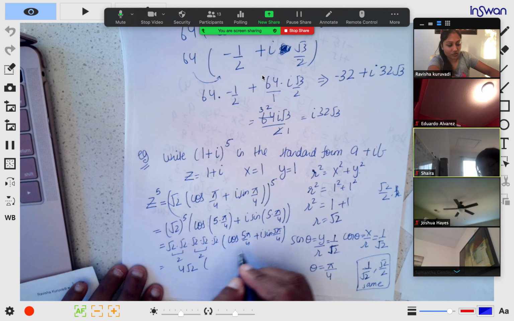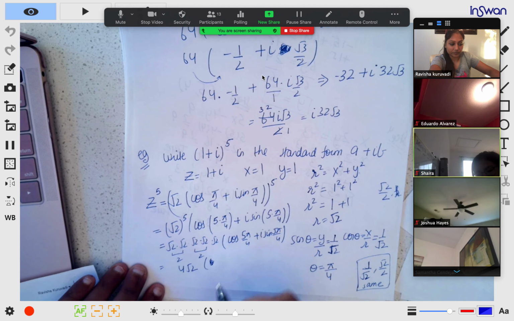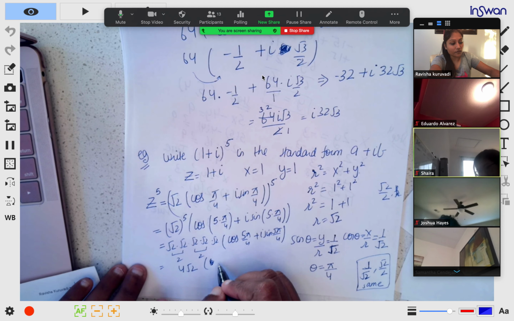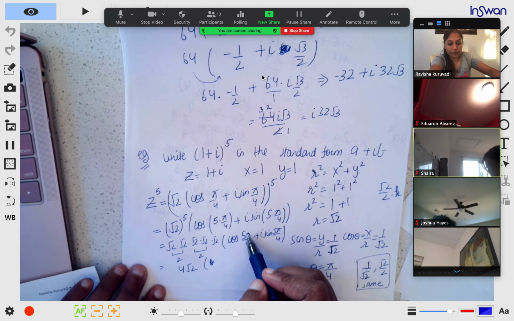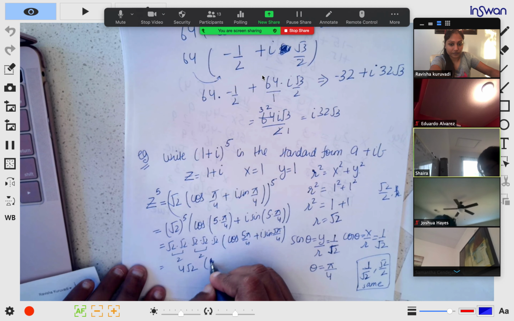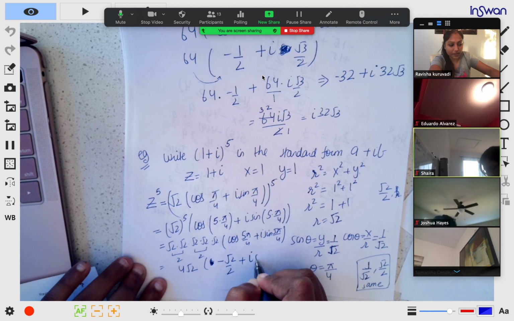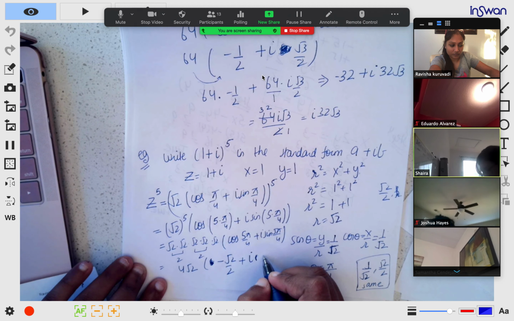What is cosine of 225? Negative root 2 over 2. Plus i, what's the sine of 225? It is the same thing, negative root 2 over 2.